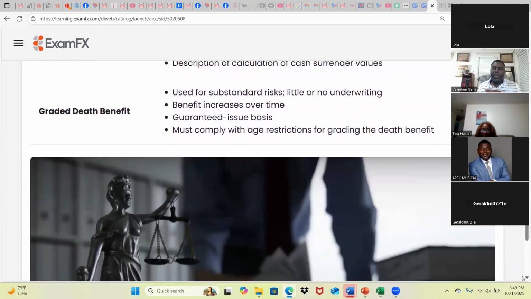Graded death benefits. Again, if I had to run a quick illustration here, I'll be able to show a lot of these benefits. Graded death benefits are used for substandard risk, with little or no underwriting, and the benefit increases over time. They are guaranteed on their issue basis, and must comply with age restrictions for grading the death benefit.